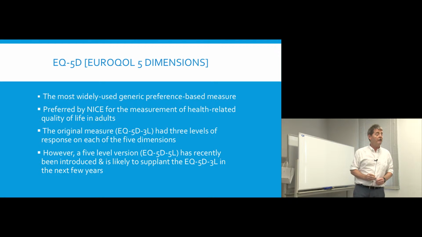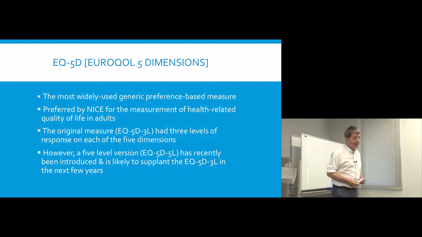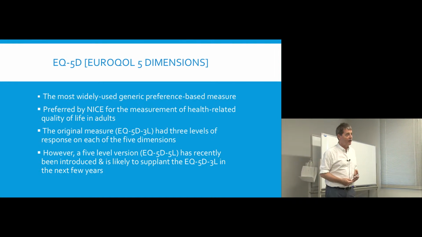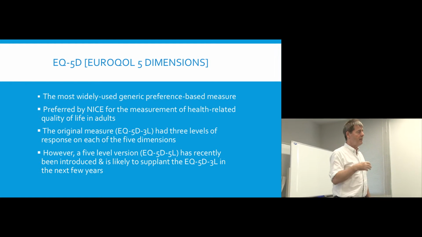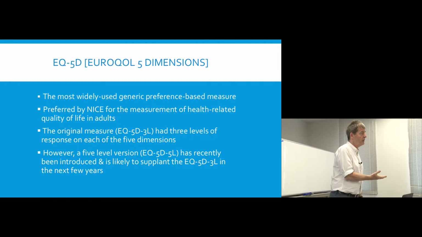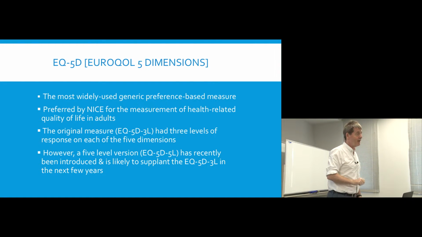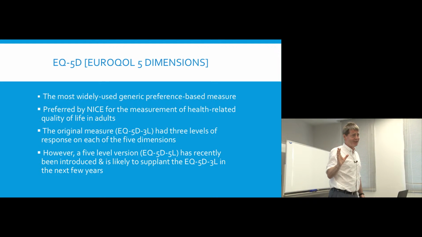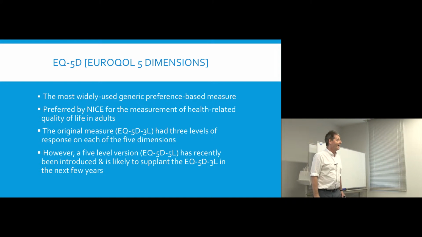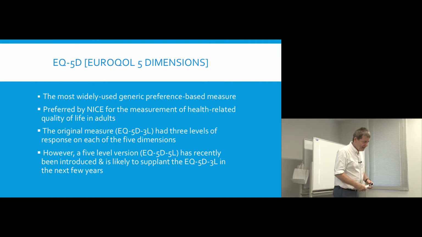The original EQ5D had 3 levels, and therefore is more accurately called EQ5D 3L, 3 levels. So by 3 levels, I mean each dimension, for example, mobility, there are 3 possible responses you could make. Now, that is so minimal. This should appeal to a Chinese audience culturally. It's so minimal. 5 dimensions, 3 levels.